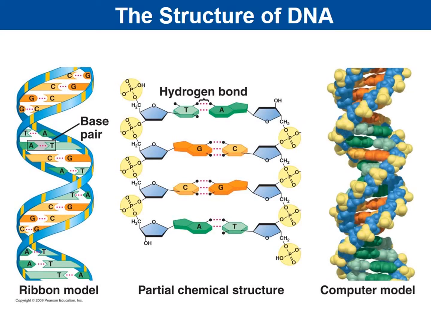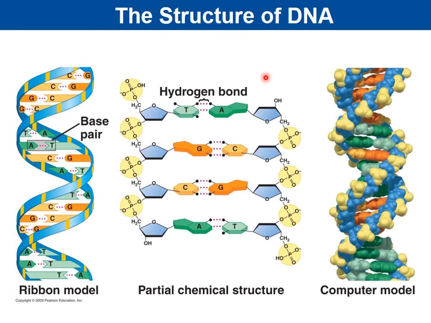On the far left, you can see the ribbon model, and in this particular model, you don't see these sugar phosphates, just notations of them, so blue, yellow, but you can see the base pairing, so you can see G pairs with C, A pairs with T. And remember that we said that the bonds between the base pairs, those are hydrogen bonds. And you're going to see in a minute that that's important because that weak interaction between those bases allows for the 2 DNA strands to separate during replication.